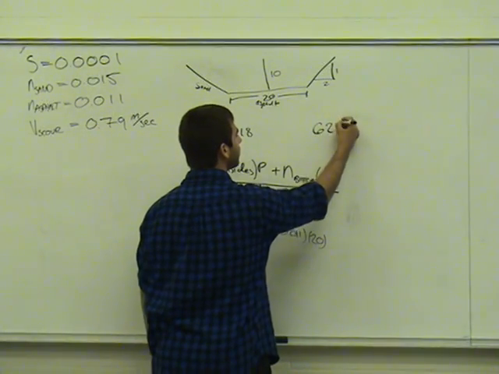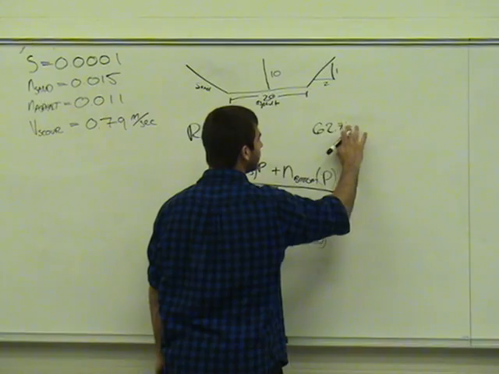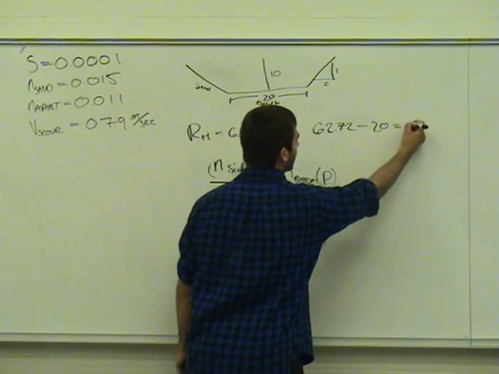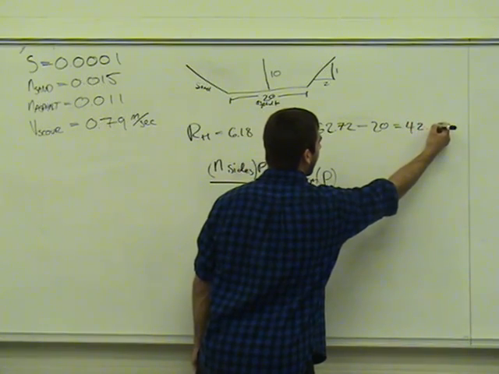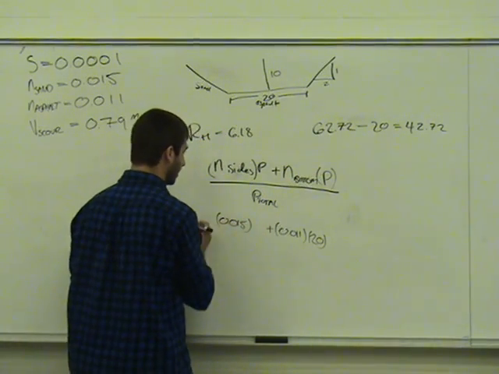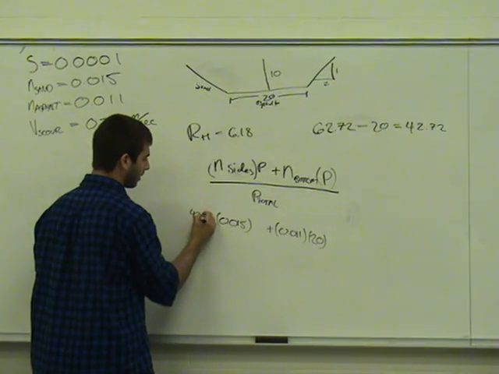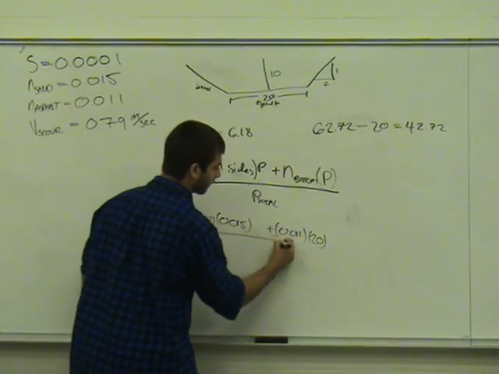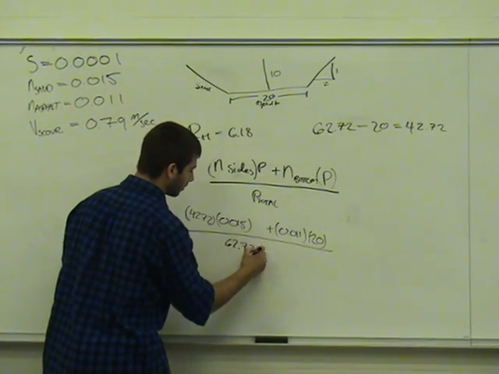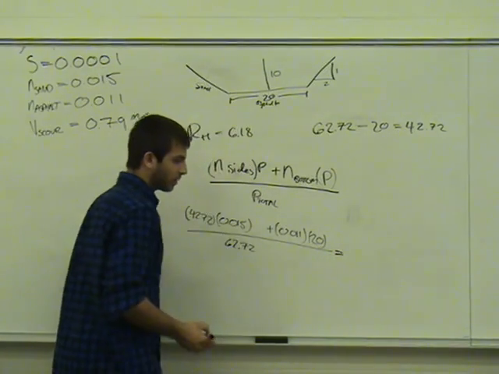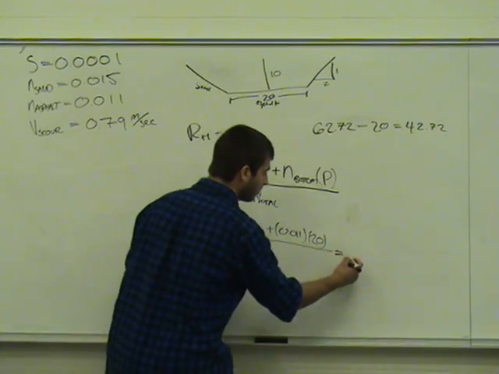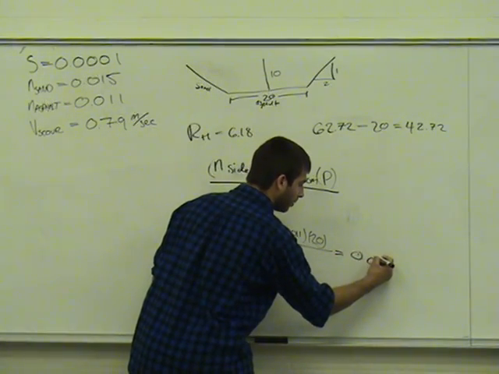So we had 62.74, I think, or 72. Subtract out our 20. So that's giving our perimeter of the sides. Let's plug that in here. Divide that by our total perimeter, which is 62.72. So our composite n value, if you calculate all this out, you're going to get 0.0142.